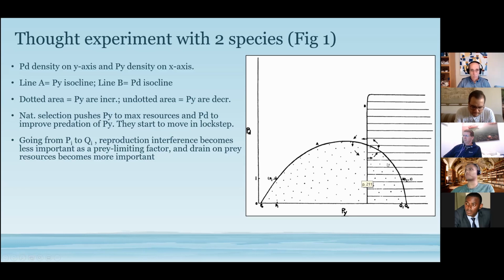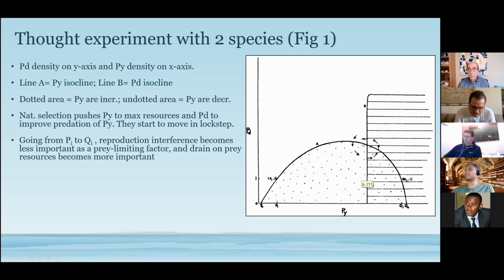So what actually happens is there's this oscillation between reproductive abilities and maximum resources for the prey, and then the predation efficiency. So it moves oscillating back and forth, and that's why you see this arrow-like feature here, like an oscillation that's moving towards this point.